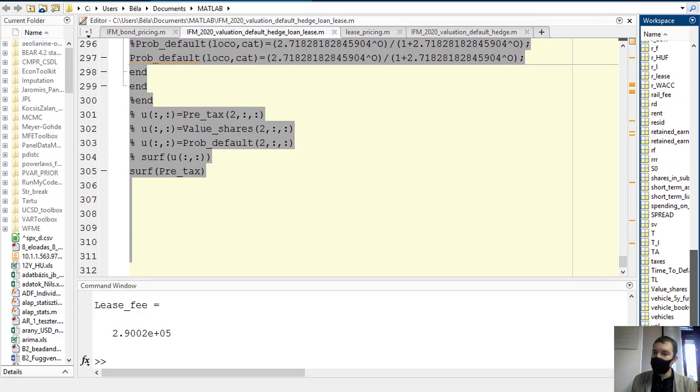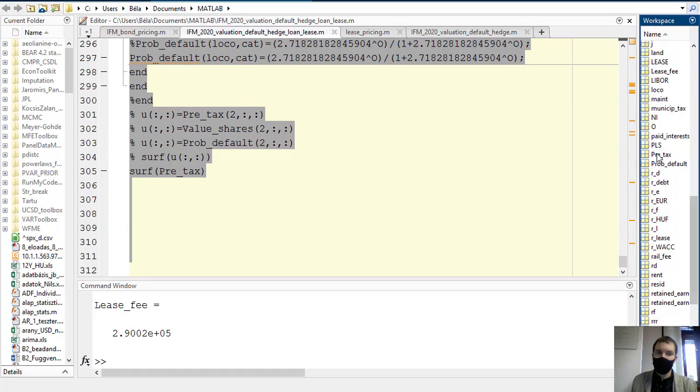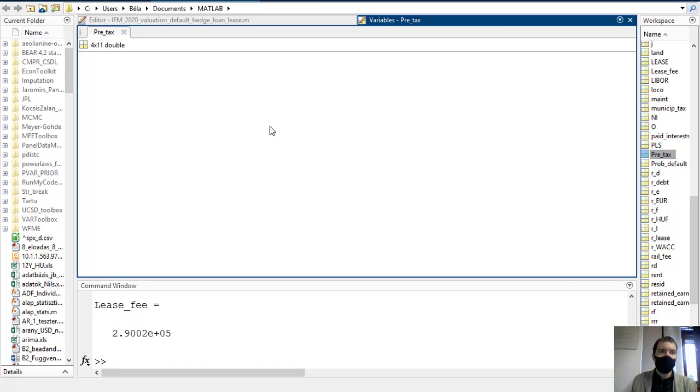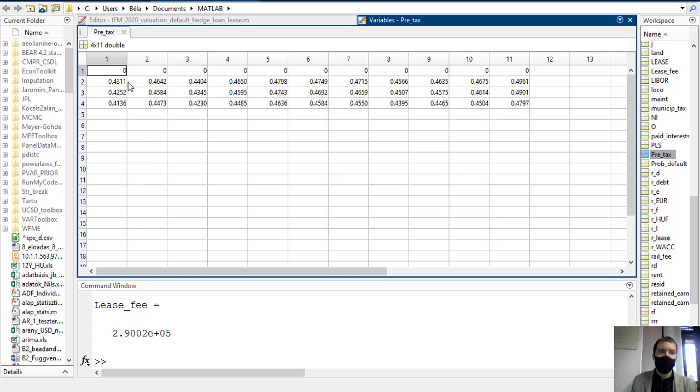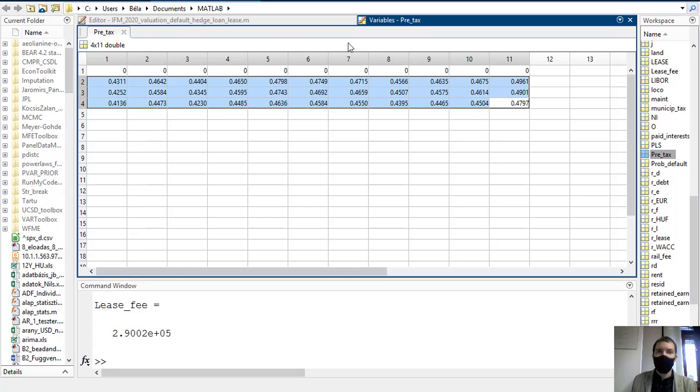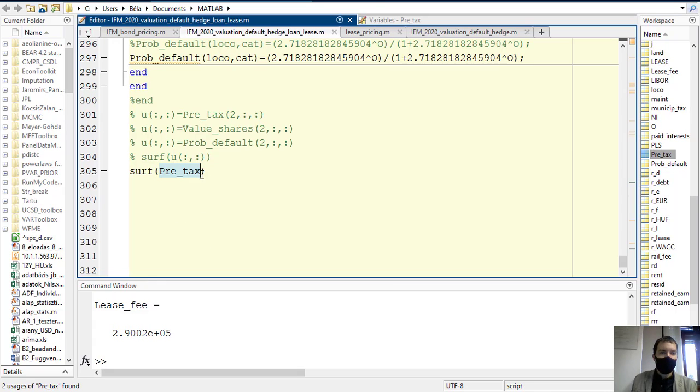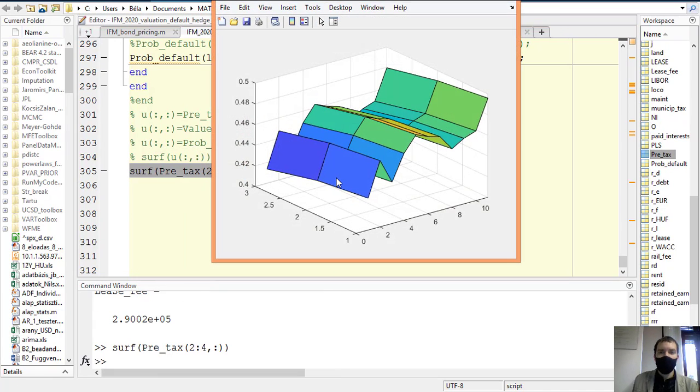Yeah, the 3D is not the best here. So let's say that the second to first row should be analyzed only. Nice.